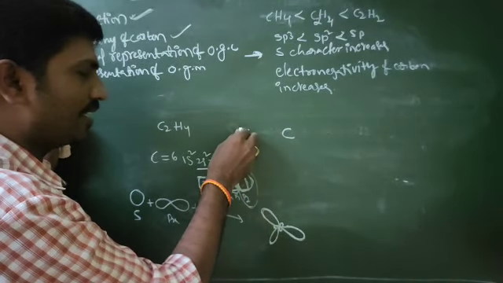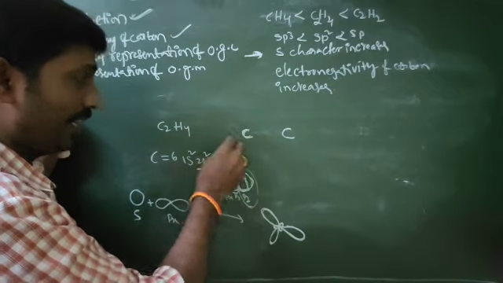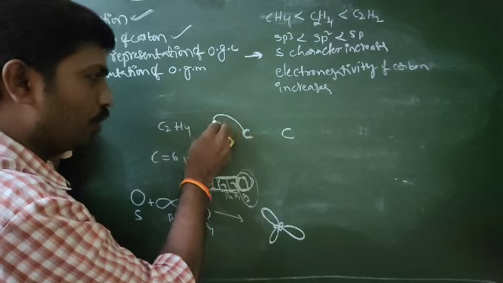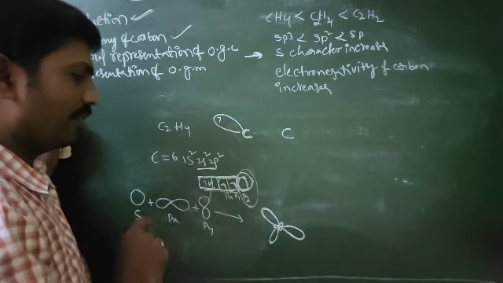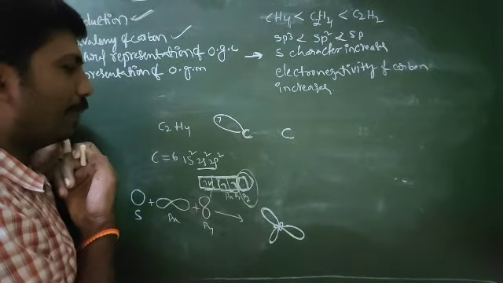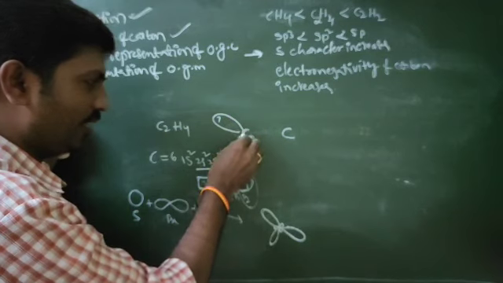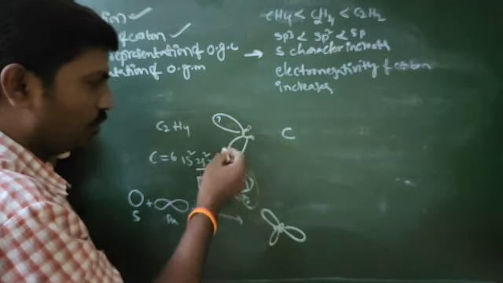How will I keep them? See, this is the carbon atom. For one carbon we are discussing now. This big loop has 1 electron. Here 1, here 1, here 1 is there. So 3 electrons we will represent. Next, the small loop is on this side; no need to write. Here 1 bigger, here 1 small loop is there.